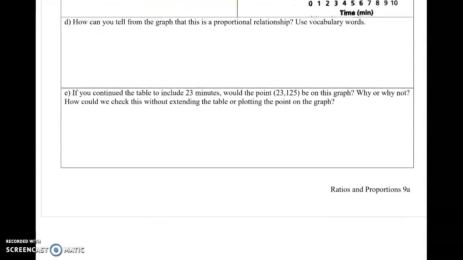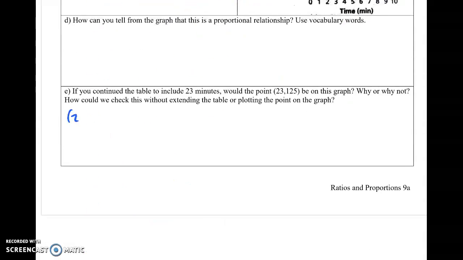So therefore, our point is going to be 23, 115. 23, 115 does not match 23, 125 at all. So if we continue the table, this point, 23, 125, would not be on the graph.